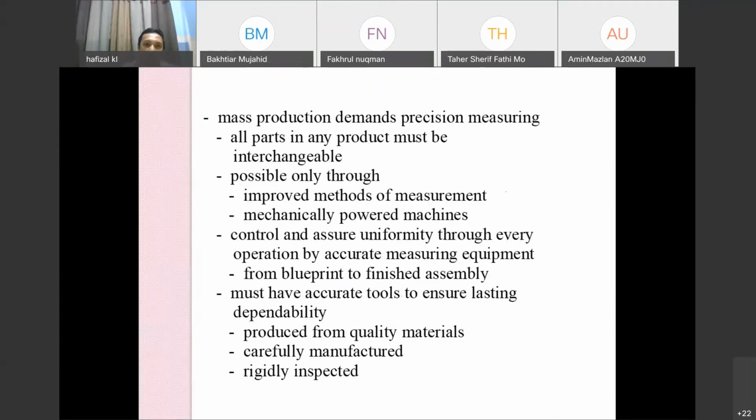Mass production also demands precision measurement in manufacturing. In manufacturing we need to produce a very large number of products, so we don't want any defect. The measurement is supposed to be very precise.